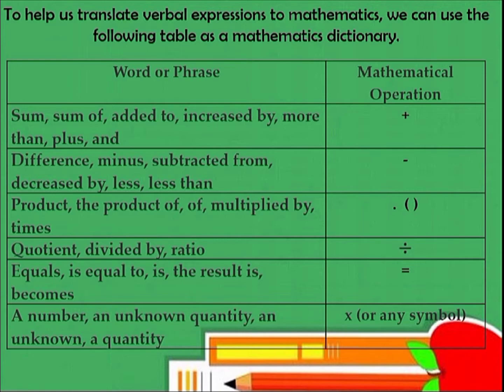So X or any symbol in word or phrase can be a number, an unknown quantity, an unknown, or a quantity. So this is a mathematics dictionary wherein we're going to use it as a guide for us to easily translate verbal expressions to mathematic symbols.